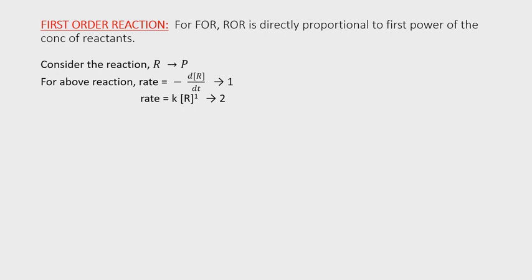That is the first equation, the rate expression. At the same time, rate equal to K into R power 1. Second equation, that is the rate equation. From 1 and 2, rate equal to minus dR by dt equal to K into R.